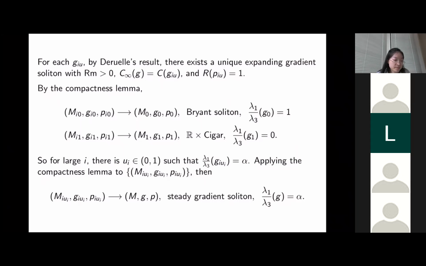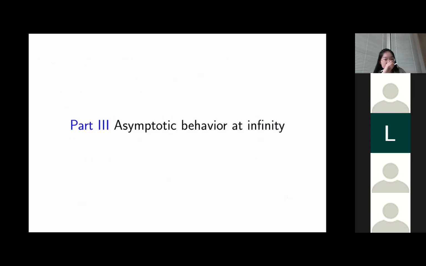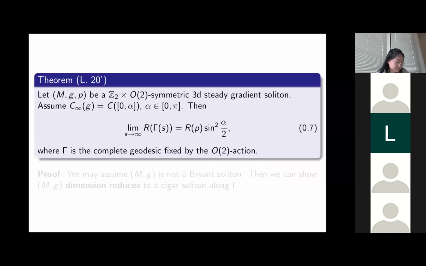And in the last few minutes, I want to show you that in particular, in dimension 3, these solutions are indeed Hamilton's flying wings. So we'll exclude the possibility that they look like a ray at infinity. Okay, so this is our goal in the last part.